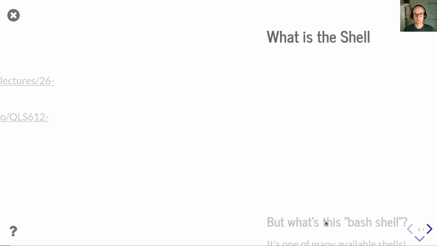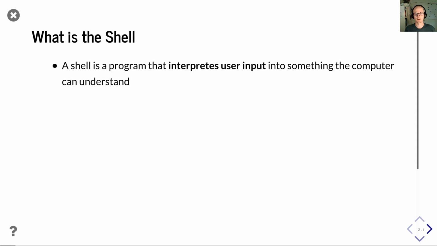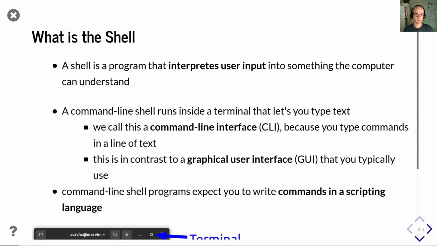Okay, so what is a shell? What is the thing that we're talking about? Well, in very general terms, a shell is a program that interprets your input into something the computer can understand. And we'll be talking today about a shell that takes text-based commands that you type into a line.